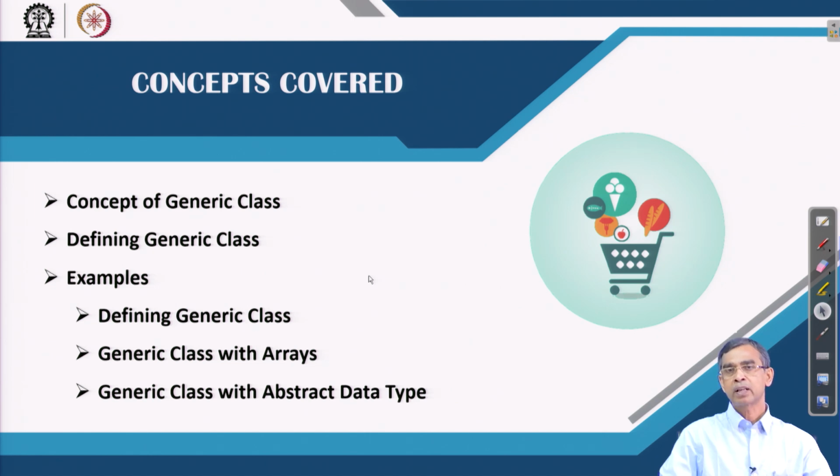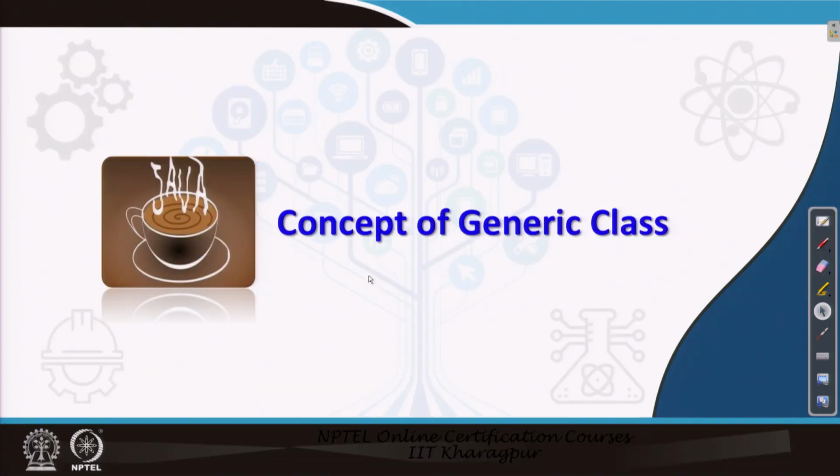This array of elements can be of any type, and then we will discuss how a generic class can also hold true for any type of data other than primitive data or user defined data. So, that is the topic that we are going to discuss.